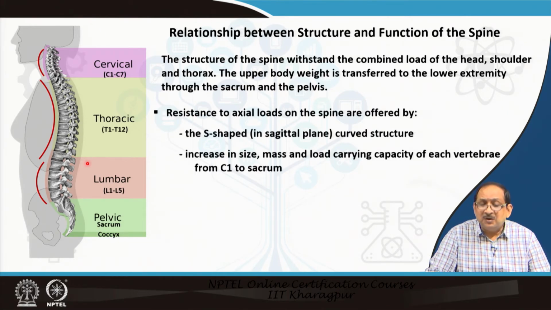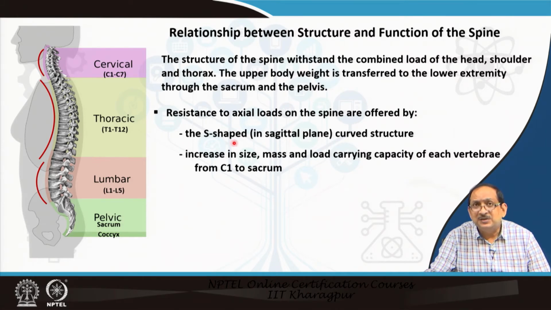The resistance offered to the axial loads by the spine is primarily due to the S-shaped curved structure and due to increase in mass, size and load carrying capacity as a whole of each vertebra when we move from C1, the first cervical vertebra, to the last, L5 and further to the sacrum.